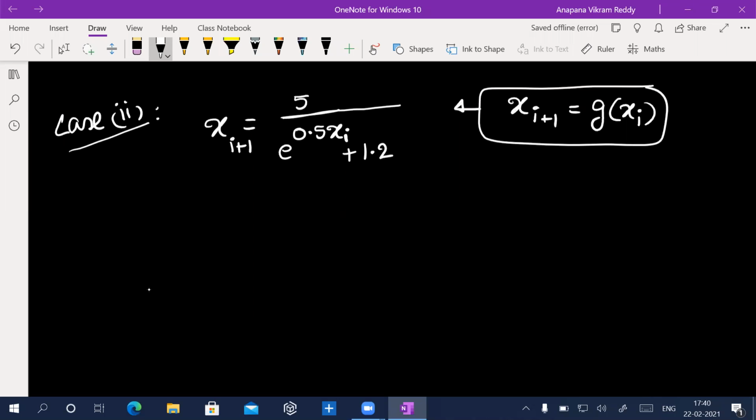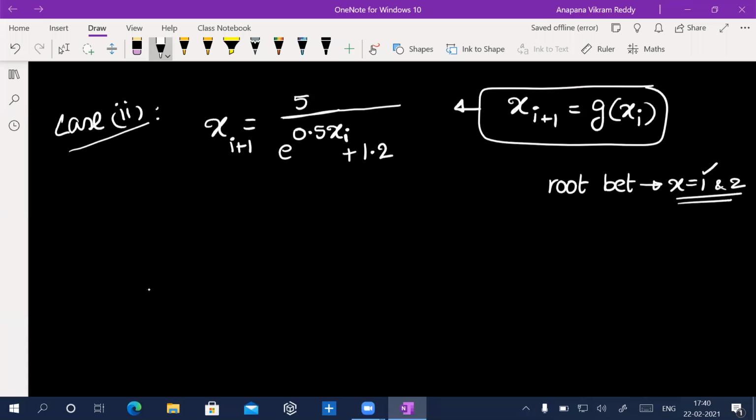Now what we do, we came to know that the root is in between x equal to 1 and 2. Therefore I'll start with 1.